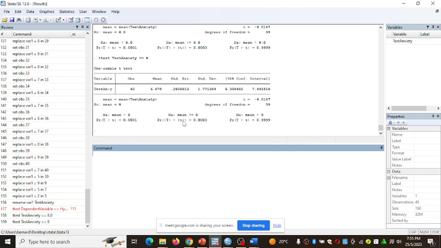And remember, our t-test, we set our mean to be equal to 8, but now it has become greater than 8. So we will still use the second output to make a conclusion.